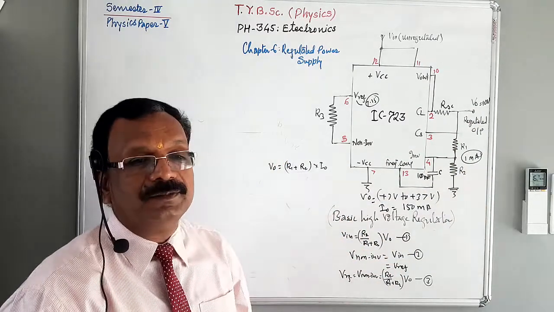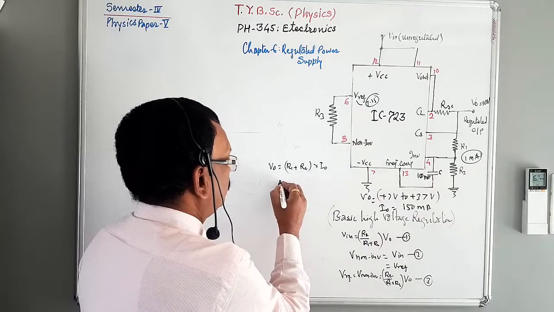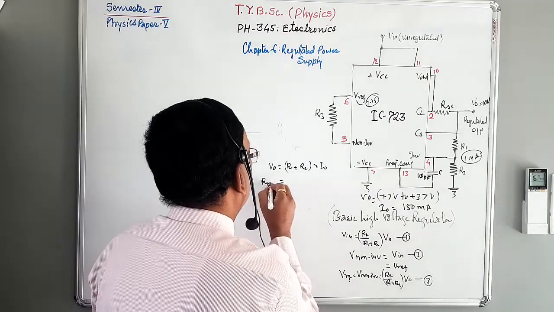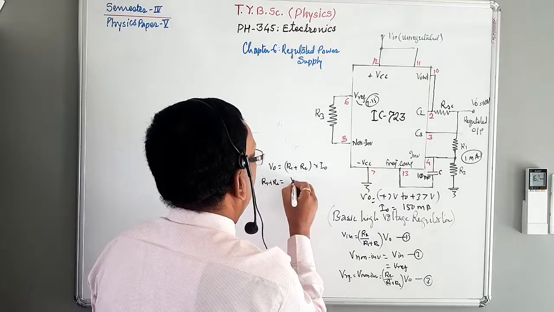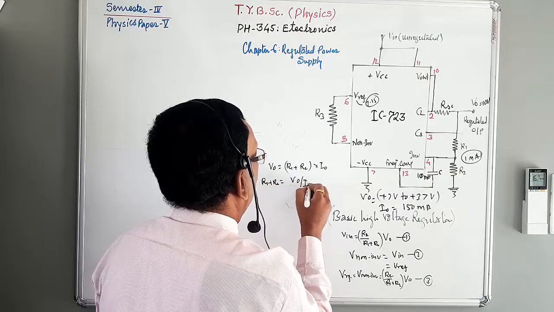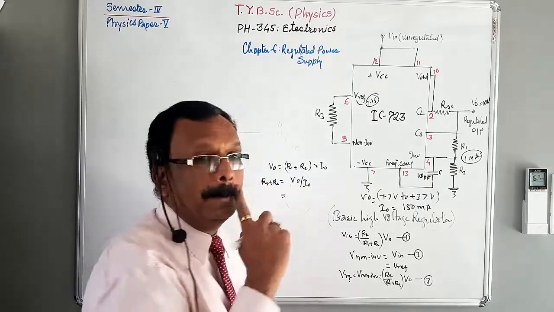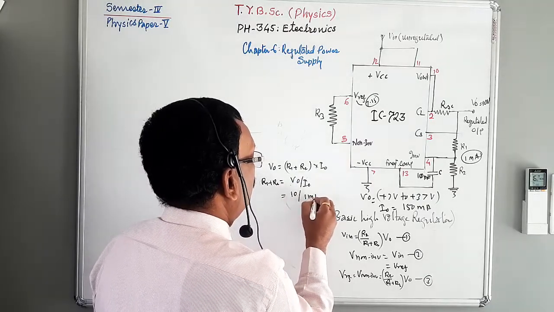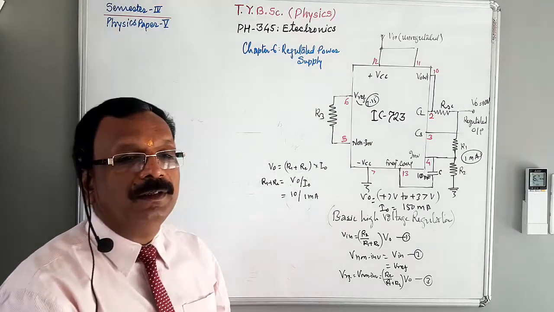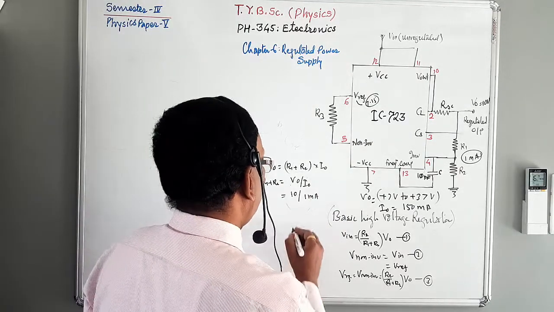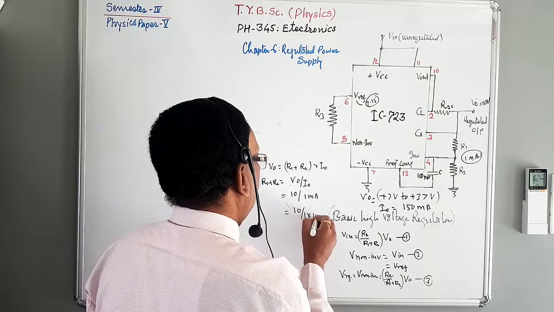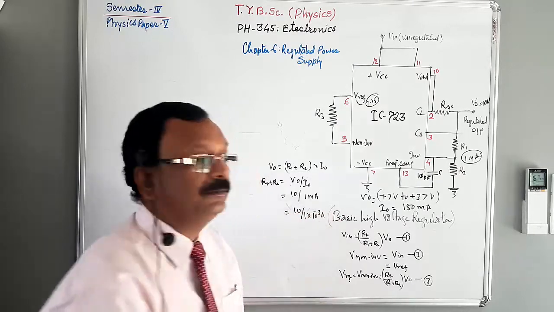So here we can write R1 plus R2 is equal to V0 upon I0. What is V0? 10 volt. What is I0? 1 milliampere. 1 milliampere means 10 upon 1 into 10 raised to minus 3 ampere.